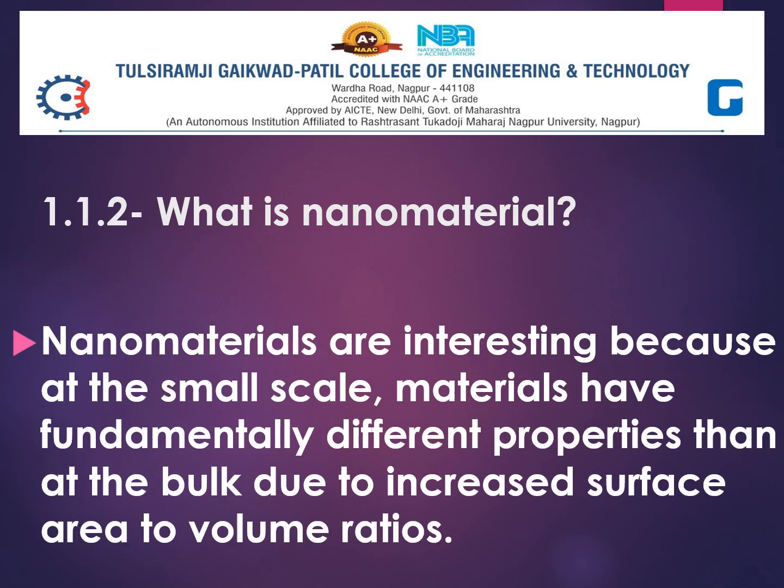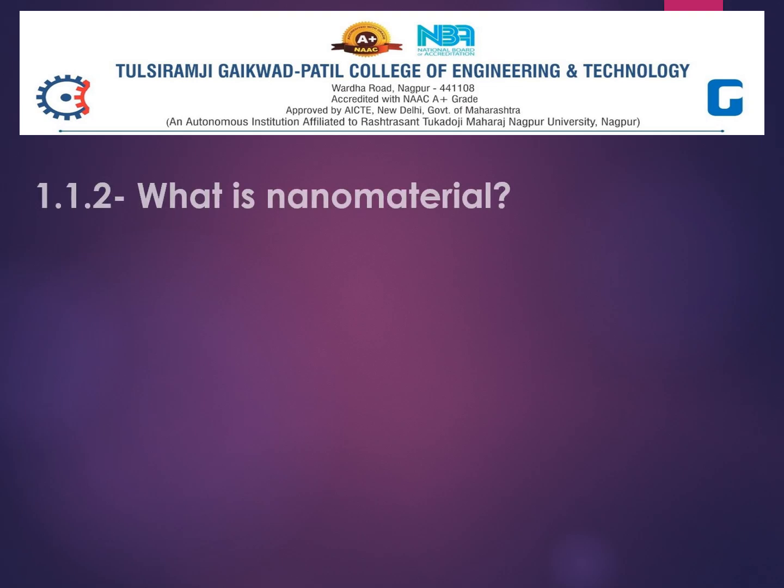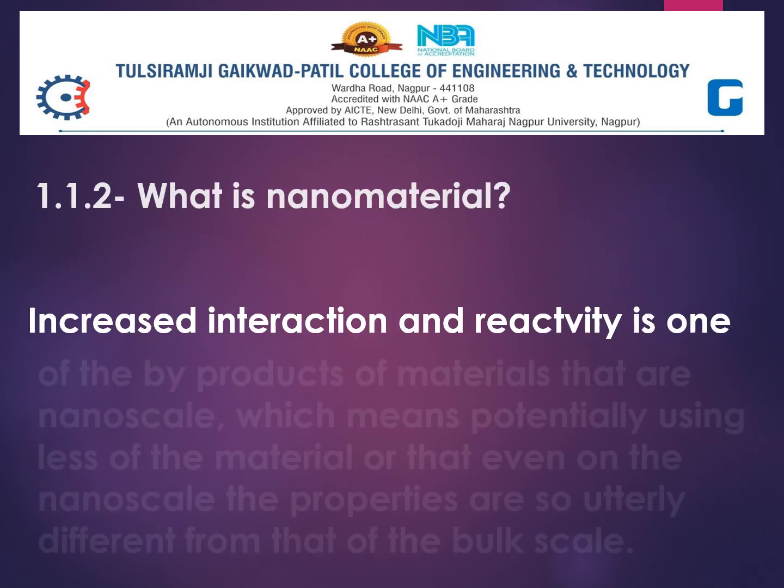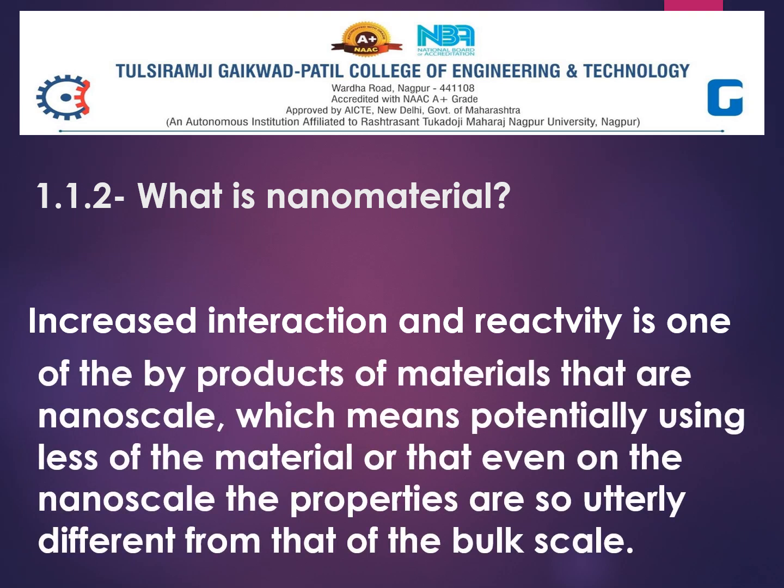Nanomaterials are interesting because at the small scale, materials have fundamentally different properties than at the bulk due to increased surface area to volume ratio. What happens at nanoscale level is increased interaction and reactivity, which means potentially using less of the material, or that even on the nanoscale, the properties are so utterly different from that of the bulk scale.